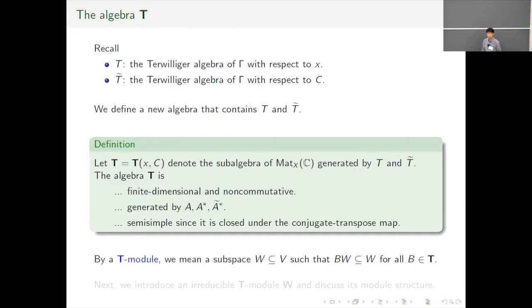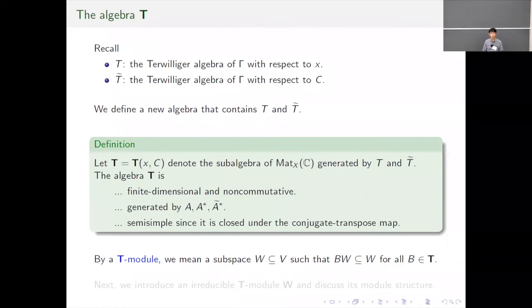But the parameters are different between A star and A star tilde. A and A star are the same thing as the ordinary adjacency matrix and dual adjacency matrix with respect to X, and for A star tilde, the dual parameters enter in the defining relations.